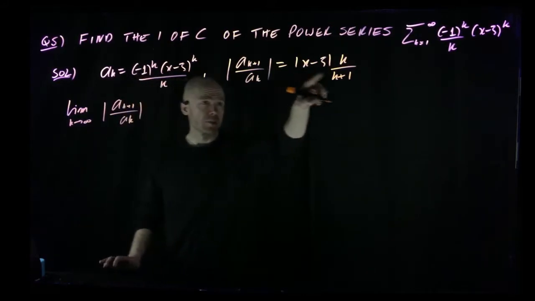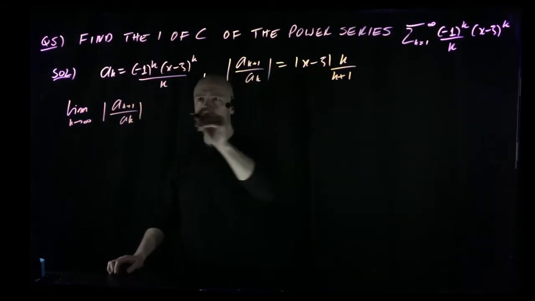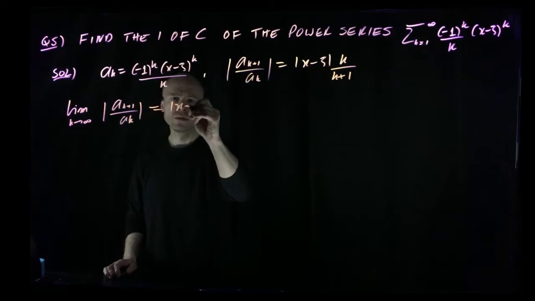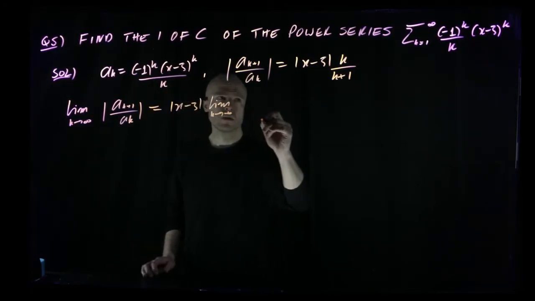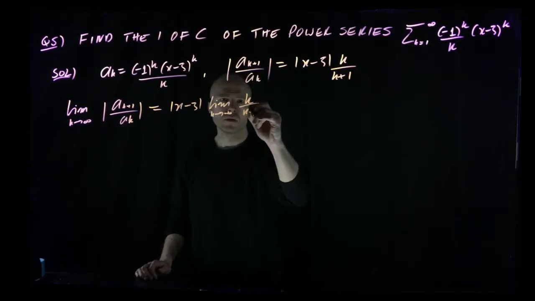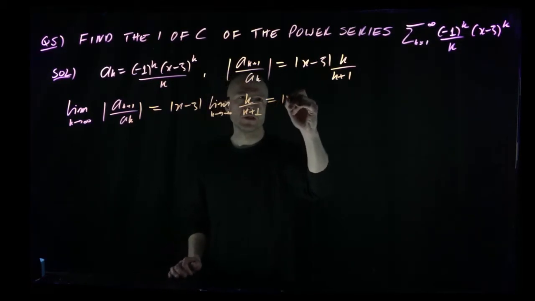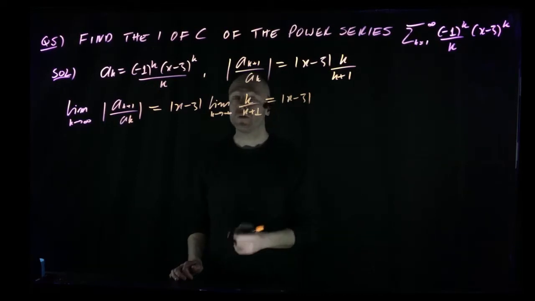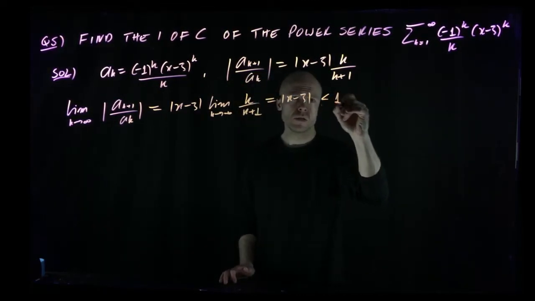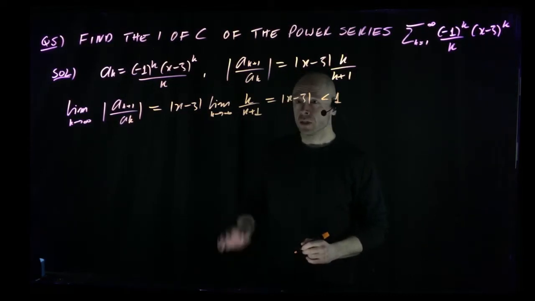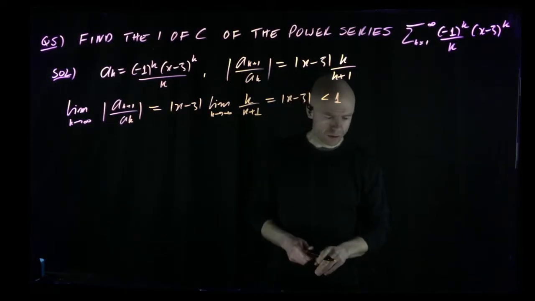As before, the x minus 3 doesn't depend on k, so we pull it out from the limit. And that is just equal to |x - 3|. We need this to be less than 1 in order for the series to converge.